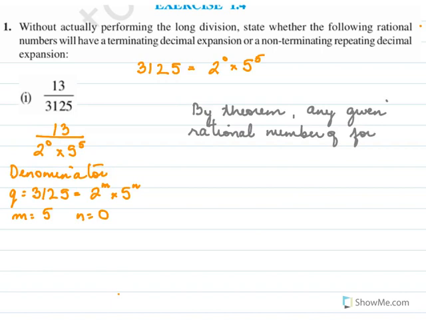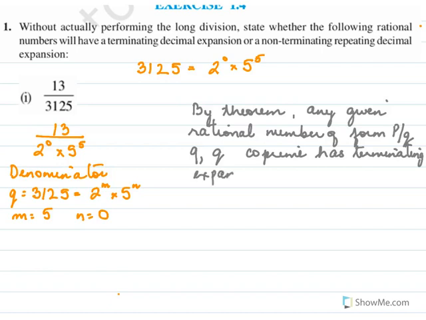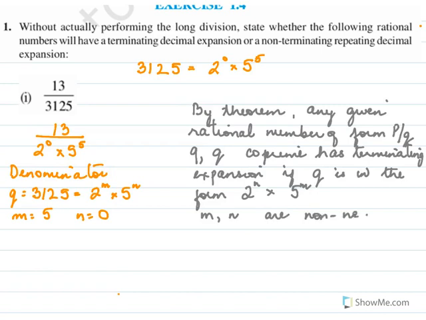of the form p over q, where p and q are co-prime, has terminating expansions if q is in the form of 2 raised to n, 5 raised to m, where m and n are non-negative integers.